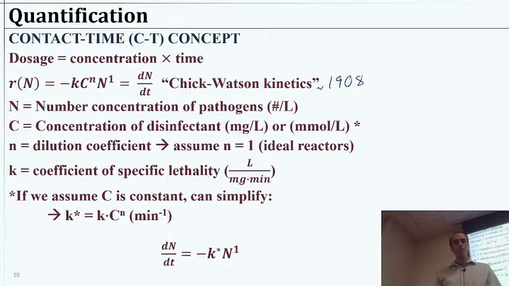That's the point. Then we have a rate constant k. This would be the coefficient of specific lethality. And this is specific because it is specific to the organism and disinfectant pairing.